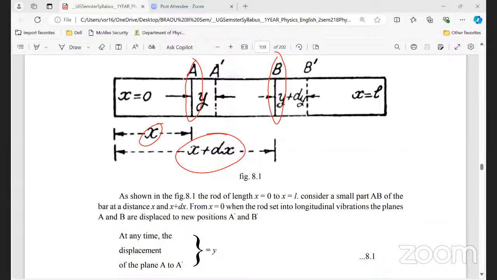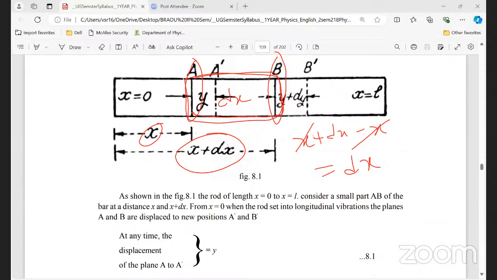So what is the length of the element? The length of the element is x plus dx minus x. The x terms cancel, and the remaining is dx. So the element length is dx. Is it understood?